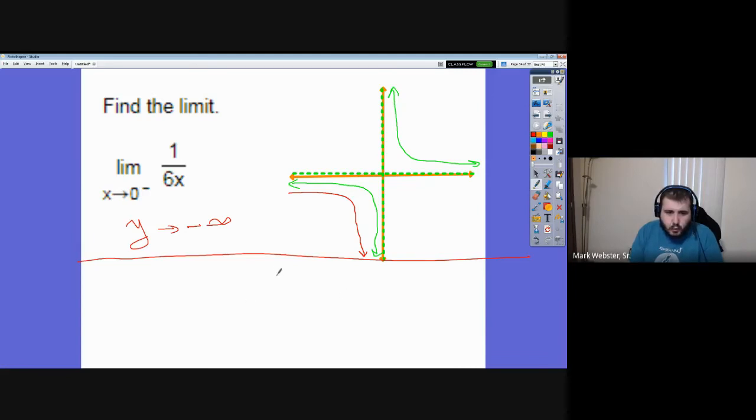Let's do 1 over 6 times negative, because we're coming from the left, so it's a negative, right? Or whatever, something small. But you know that this bottom here is going to be negative, right? One over a negative tiny number is negative infinity.